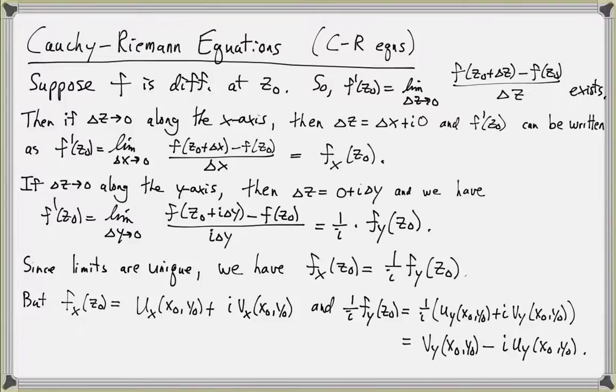Similarly, the imaginary part of the derivative of f with respect to x is the derivative of v with respect to x, and this must equal minus the derivative of u with respect to y evaluated at z0. So these two statements are what make up the Cauchy-Riemann equations.